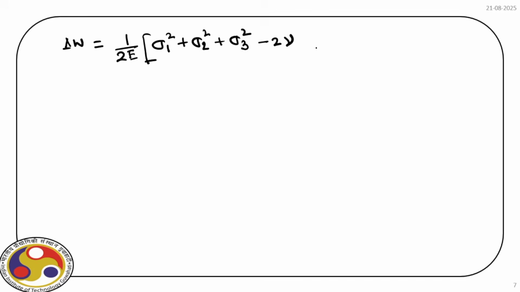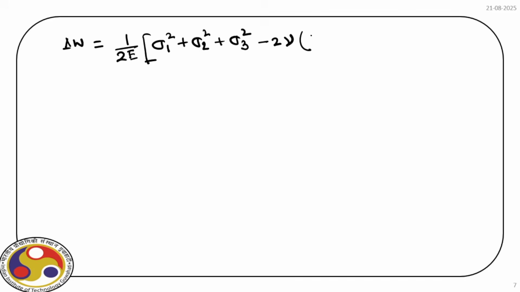So if we do that, our delta w will be equal to 1 by twice E, within bracket we have sigma 1 square plus sigma 2 square plus sigma 3 square minus 2 nu.